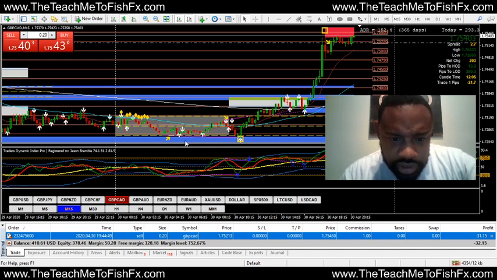Let me change these colors really quickly. I have not used this computer in a while, so everything is not set up exactly how I like it.